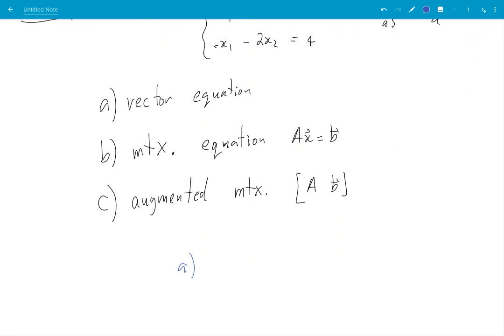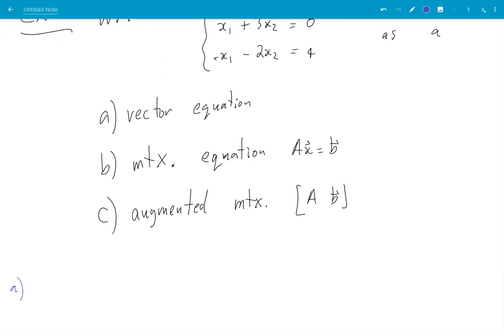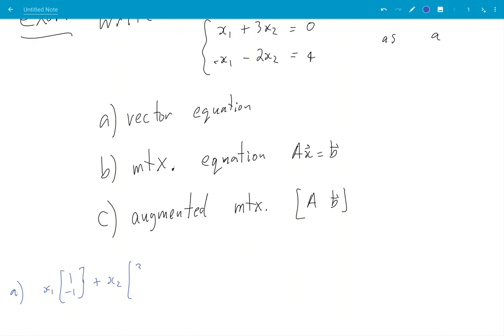So the answers are: A, x1 times (1, 1, -1) plus x2 times (3, -2). Okay, pause the video and try this if you haven't done so already. Here's my vector equation.